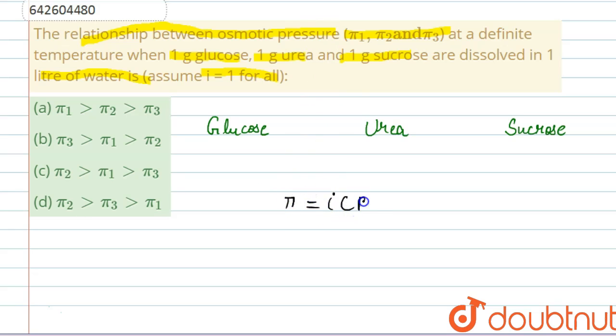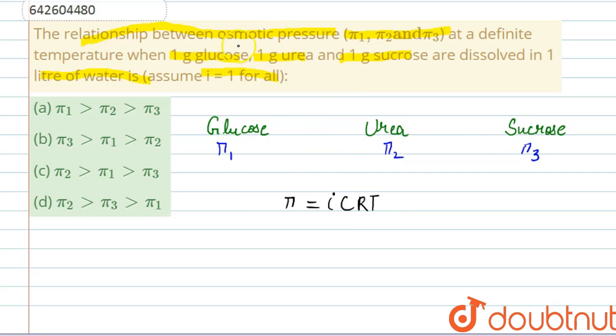This is the formula for calculating the osmotic pressure. This i is the Van't-Hoff factor, C is the concentration, R is the universal gas constant and T is the temperature. Now we are given the osmotic pressure for glucose, that is pi 1, for urea it is pi 2 and for sucrose it is pi 3. And we have to establish the relationship or define the order between these three.